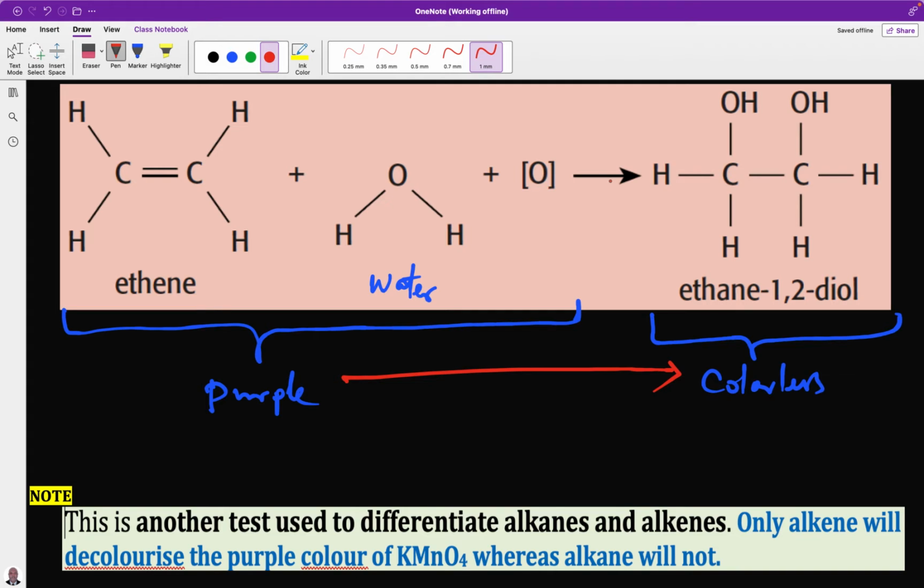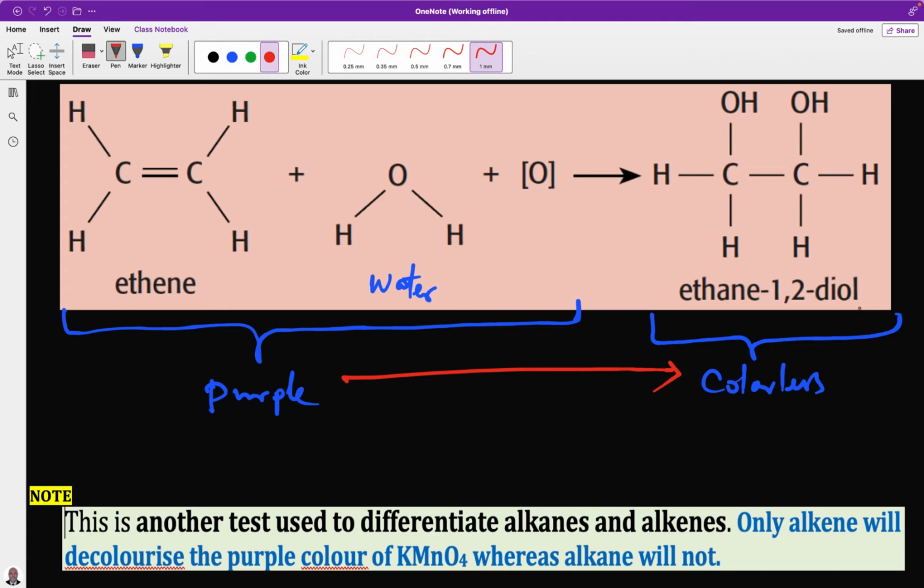If it was ethane here, it will not do. Why only alkene? The presence of the double bond leads to this addition, forming ethane 1,2-diol. But alkane will not do that.